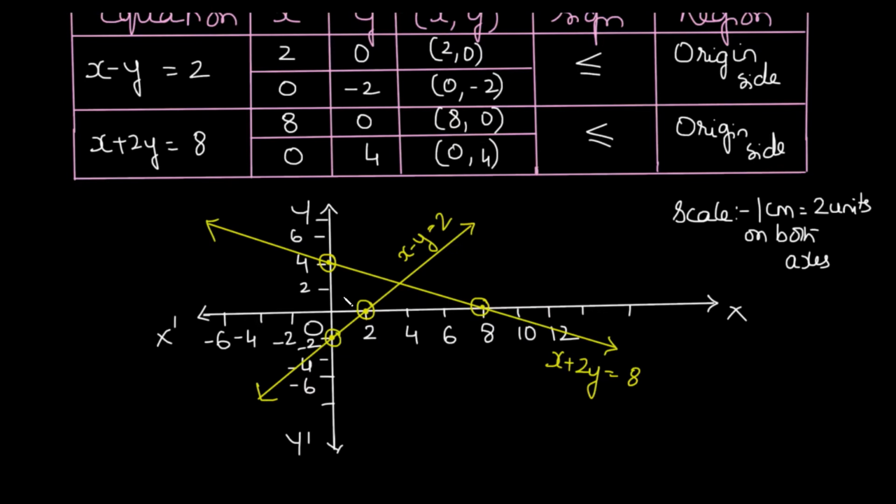Now, which region is common to both these lines? The region common to both is obviously this region. Just plot it and see in your books, you will get it properly. So this particular region becomes the feasible solution for these lines. It is an unbounded region obviously because it extends without limit that way. So thus we solve this sum.